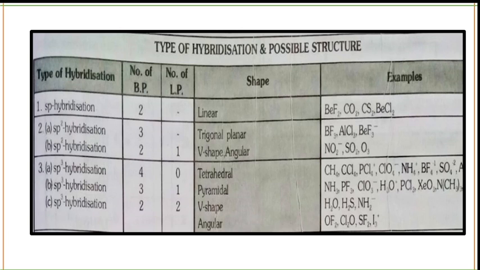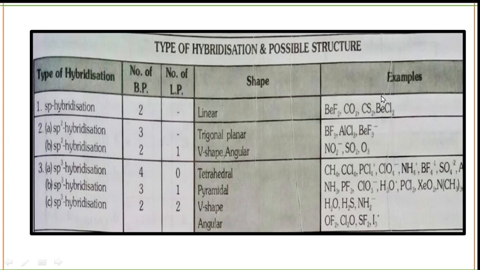Next you have the types of hybridization and possible structures. You have learned about hybridization in the previous video, and in this video you are going to learn about the shape of each particular hybridization state. Here I would like to suggest you make a personal note for these next two slides.